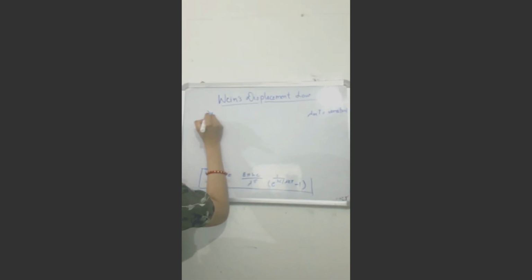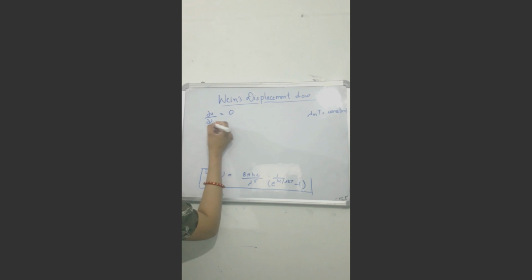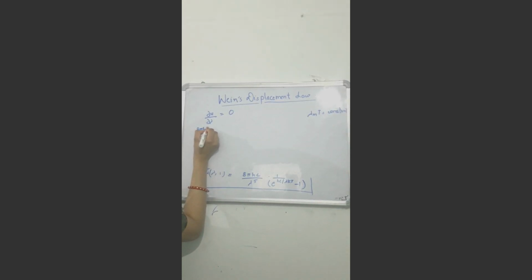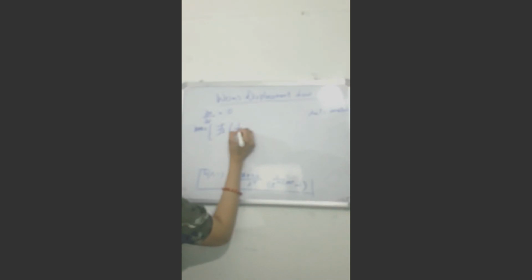Now write ∂u/∂λ = 0. So ∂u/∂λ we are going to find. Now 8πhc is constant, take it out. First we take the derivative of the first quantity, giving −5 times λ to the power −6.